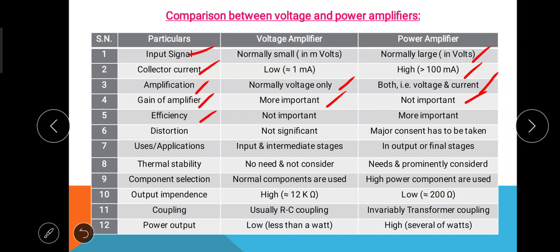Now this efficiency is of less importance in case of voltage amplifiers, but in case of power amplifier, this efficiency has more importance. Next, distortion, which is the undesired or unwanted signal that appears in the output.